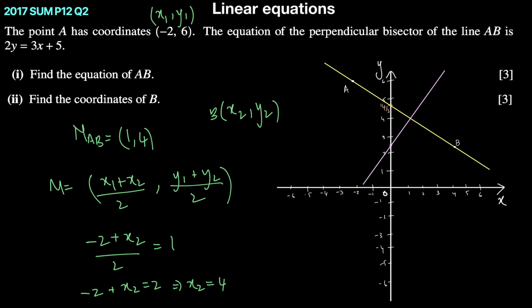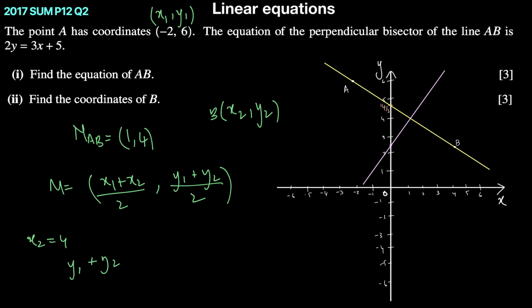Now the y coordinate of B, we're going to take this again. So we have the x coordinate, x2 is equal to 4. And for the y coordinate, we know (y1 + y2)/2 is equal to the y coordinate of the midpoint. And we know that the y coordinate of A is 6, so (6 + y2)/2 is equal to 4.